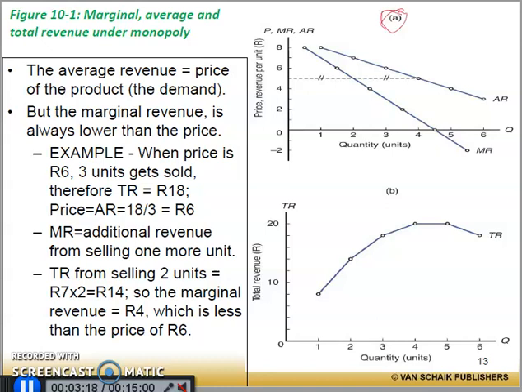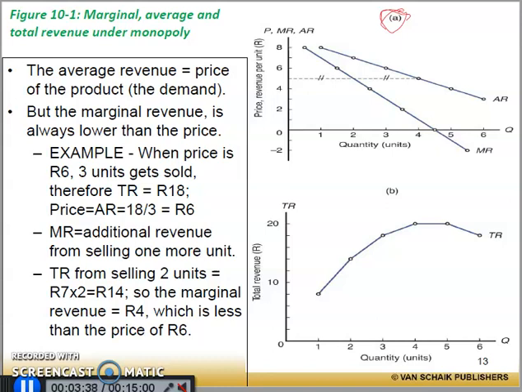In figure A here, we show average revenue and marginal revenue. Because marginal revenue is the change in total revenue resulting from the sale of an extra unit of output, it applies to the movement from one unit to the next rather than to a specific unit.